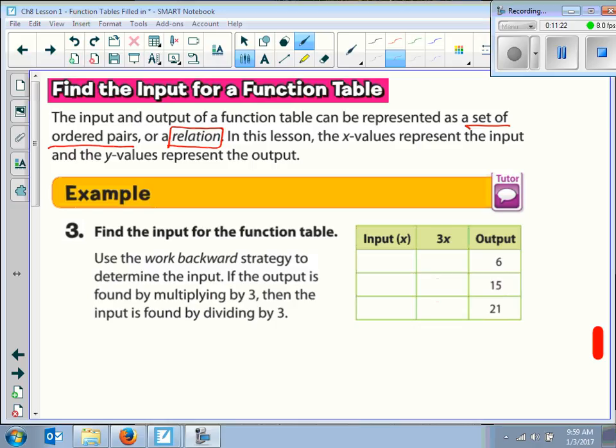If I multiply 3 times the x over here, that's going to give me 15, right? Yeah. If I multiply the 3x in the third cell there, I'm going to end up with 21, right? Does that sound familiar to you at all? Yeah. This is how it should be written.